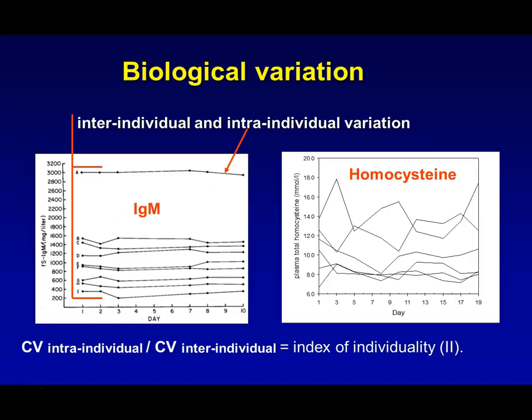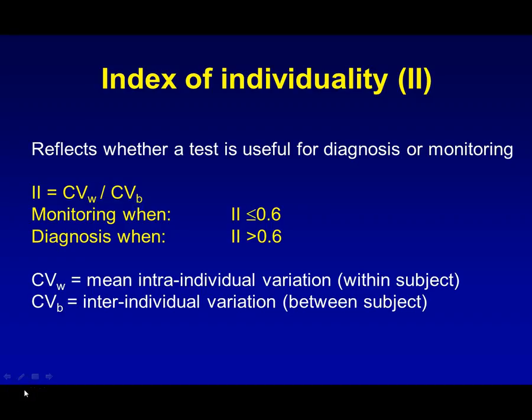The relationship between the intra and inter-individual variation is depicted in the index of individuality. The index of individuality reflects whether a test is useful for diagnosis or for monitoring. It is calculated by dividing the within intra-individual variation by the inter-individual variation, which is the between subject variation.